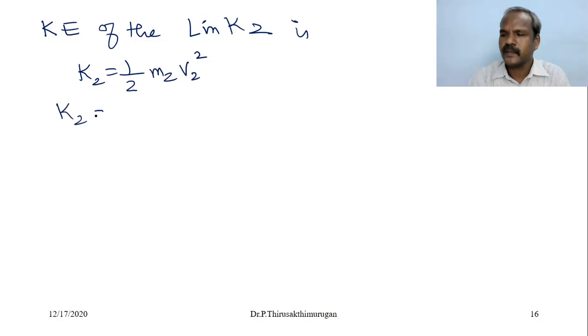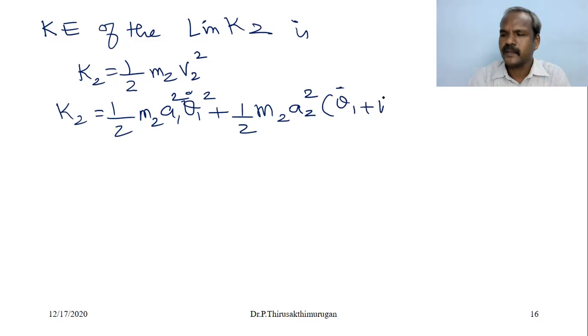So K2 equal to half M2 A1 square theta 1 dot square plus half M2 A2 square of theta 1 dot plus theta 2 dot the whole square, plus M2 A1 A2 theta 1 dot square plus theta 1 dot and theta 2 dot.